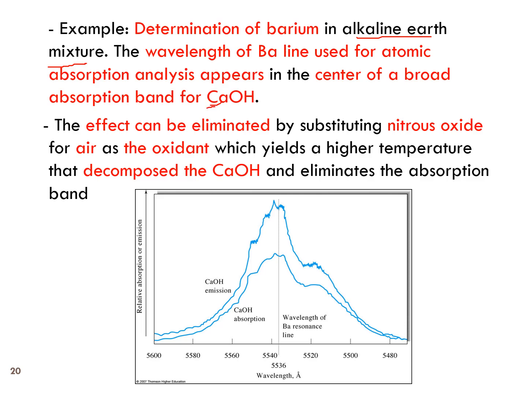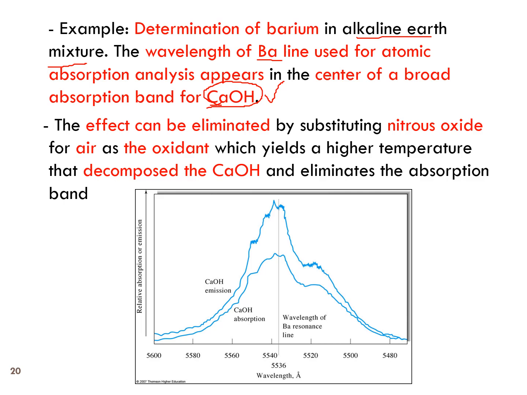Okay, so bila dibakar dalam flame tu, akan ada produk lain which is calcium hydroxide. So calcium hydroxide ni akan interfere, akan membentuk absorption band yang akan interfere dengan analyte of interest punya absorption line. So kita pun tak boleh nak baca lah yang barium punya kan.